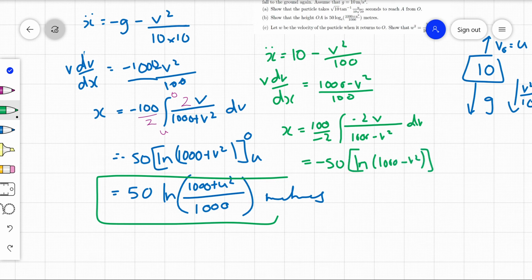All right, so this time what are our limits? We're going from 0 because we're right at that maximum point, and it says that the velocity is w when it returns, so it's going from 0 up to w.